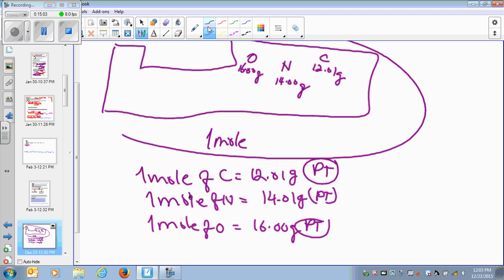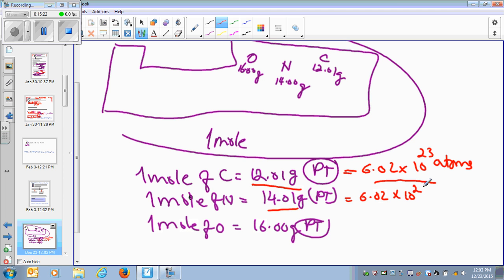And we also learned that 1 mole also equals 6.02 times 10 to the 23 atoms. Okay, so 1 mole is equal to this many grams and this many atoms.